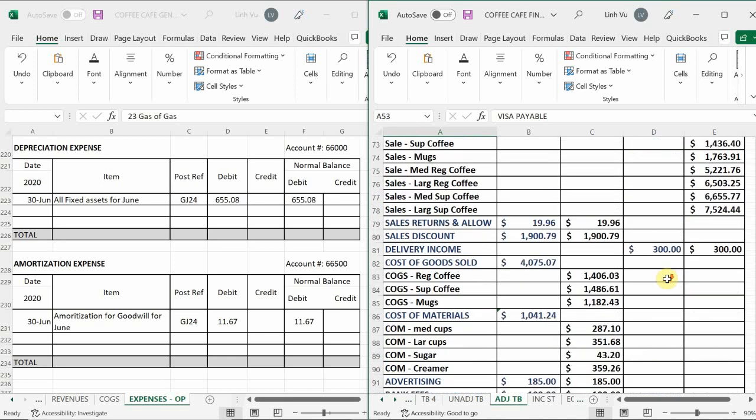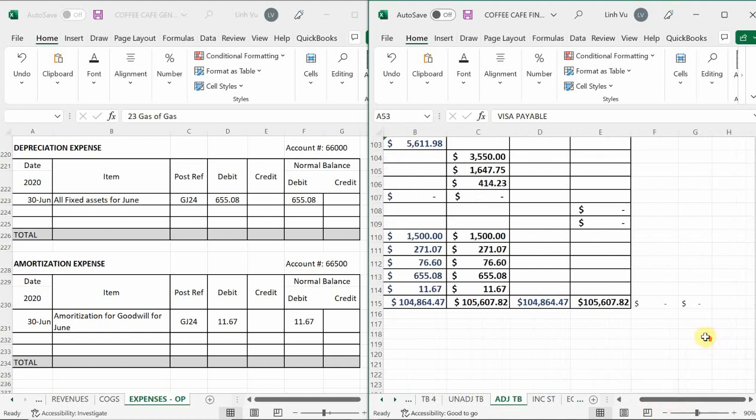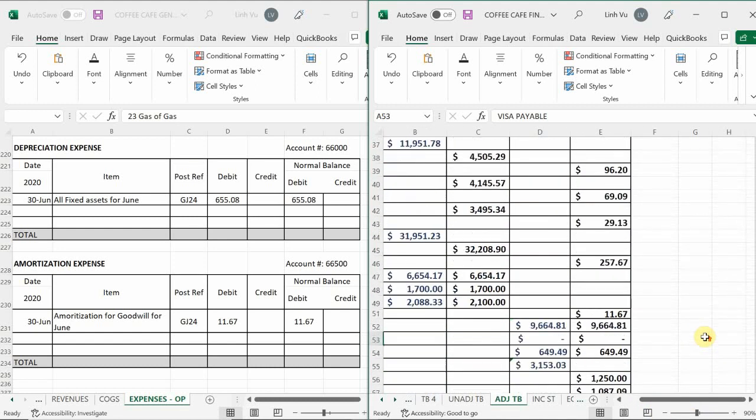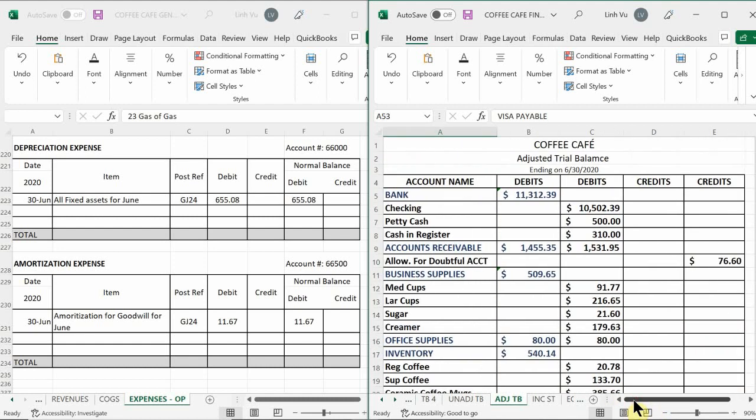So yay, we match at a grand total main account of $104,864.47. And your total debits and credits are going to be $105,607.87. Okay? So any questions in regards to the adjusted trial balance? So that means we did our adjustments correctly and transferred them to my ledger correctly. Yay! Any questions?